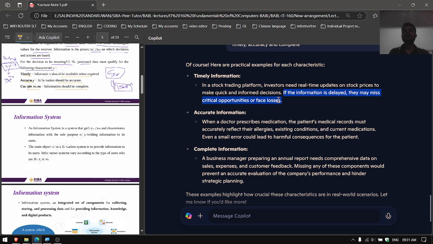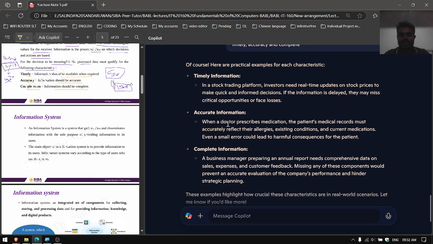Think you are going to conduct an operation. You are monitoring the patient, but the reports the patient has are 2-3 years old. His heartbeat, his blood levels, are incorrect. So you can't do an operation based on those facts. You need real-time data.